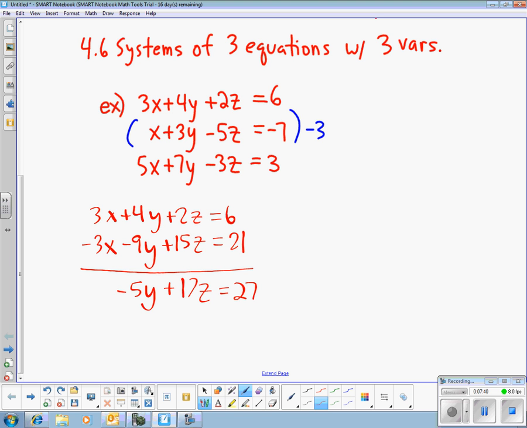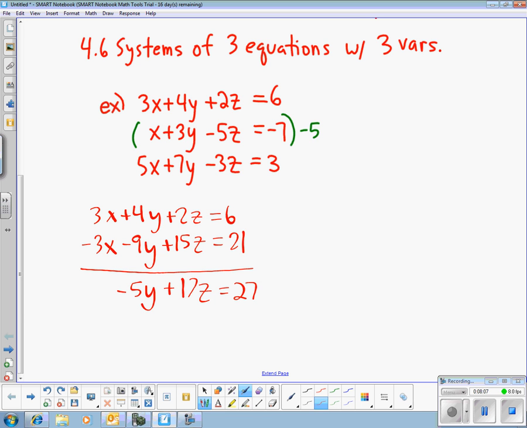So what I need to do now is eliminate x in a different pair of equations. And the easiest way to do that is going to be to use equations 2 and 3. You can't use the same pair of equations, you'll just end up with an equivalent statement. So let me rewrite equations 2 and 3, but while I do that, I'm going to multiply equation 2 by -5 this time.